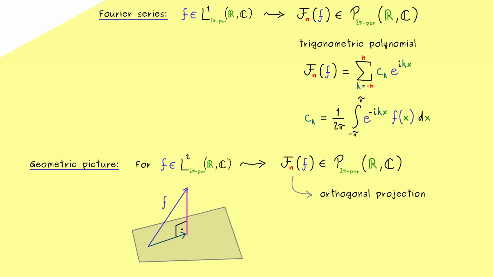Here we just have the orthogonal projection and the normal component. And by definition, both are orthogonal to each other with respect to the inner product in L2. So we can just write it down, fn of f is orthogonal to the normal component. And the normal component is simply f minus the orthogonal projection.